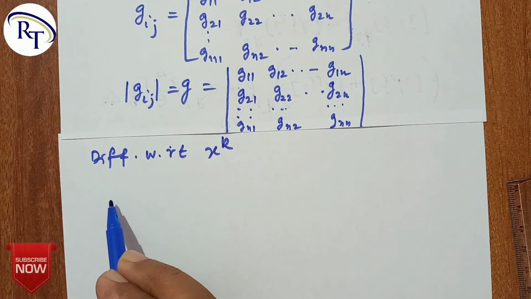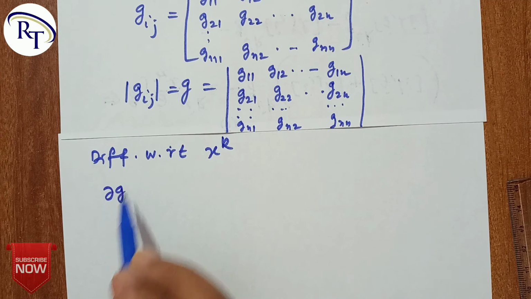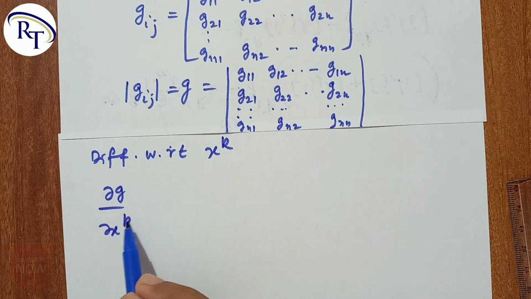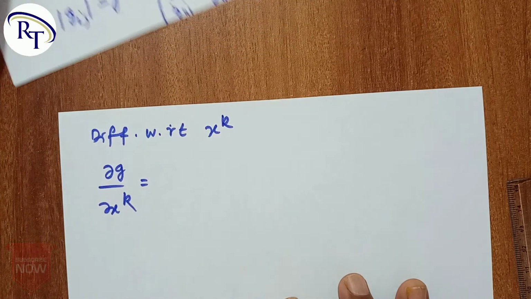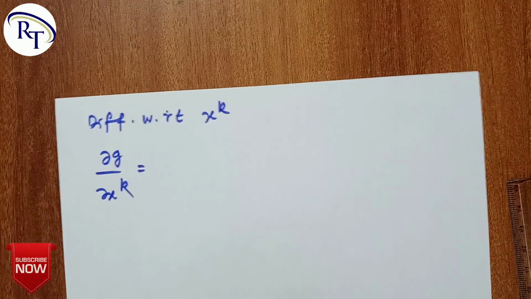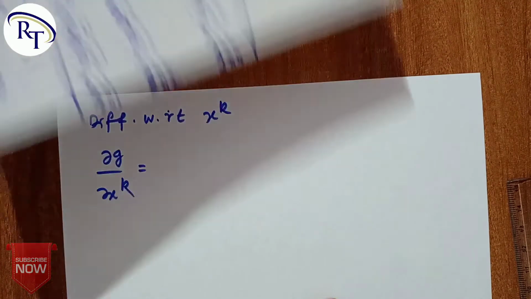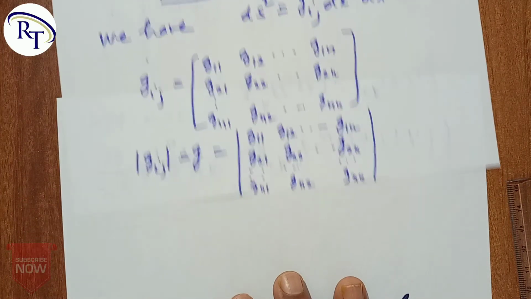We get ∂g/∂x^k equal to, you know the differentiation of a determinant: first we differentiate the first row, then the second row, then the third row.